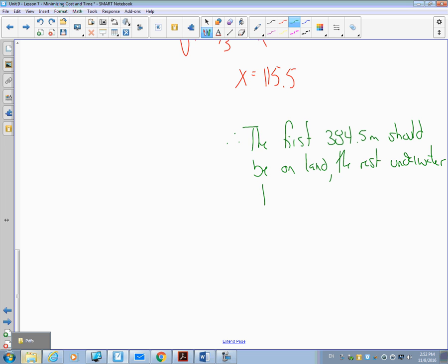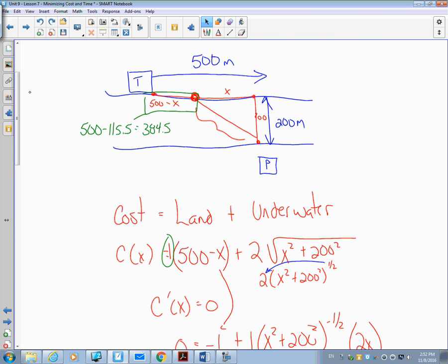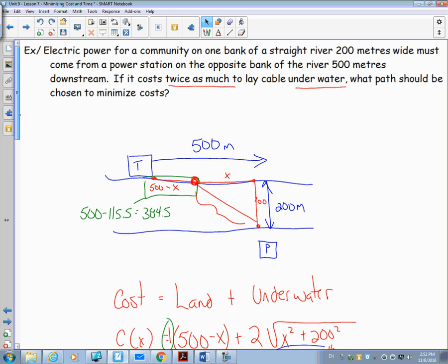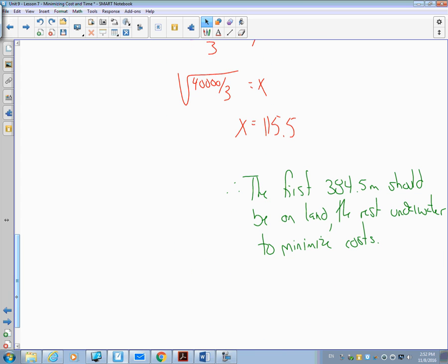And the whole idea of that is so we can minimize cost. If you want to figure out how much is actually underwater, you can. You can go back up here and figure out the hypotenuse piece, how much of that's actually underwater, if we wanted to. It didn't ask us that. It just said what path should be chosen. Okay, so there's some last little applications of how we can use calculus to minimize time and costs.